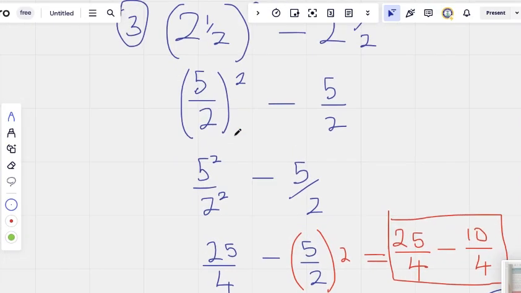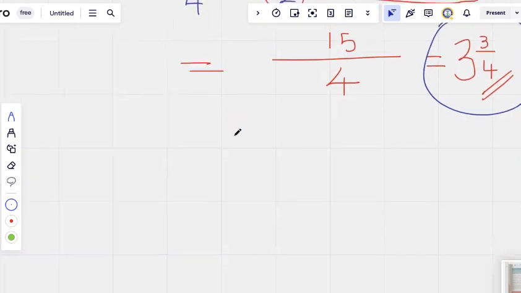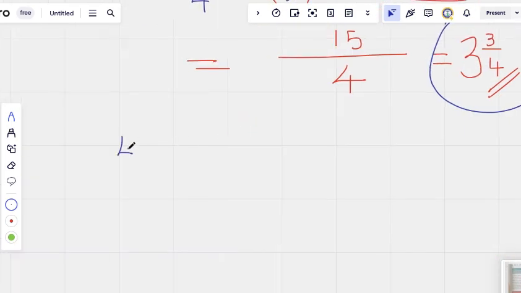We no longer number our question 3. Okay, for this type, question 3, for mixed operations or operations of fractions.